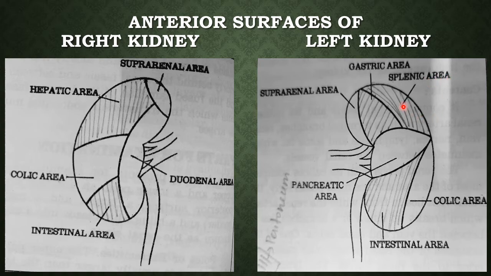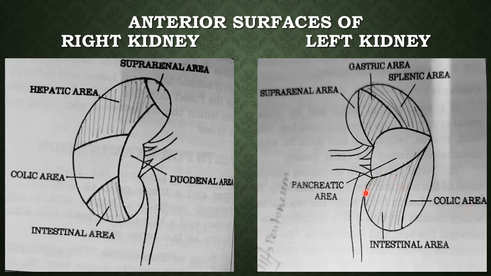In between the suprarenal area and the splenic area, the upper one-third area is covered by the gastric or stomach impression. Then the lower half of the lateral border is covered by the colic area, the left colic flexure.